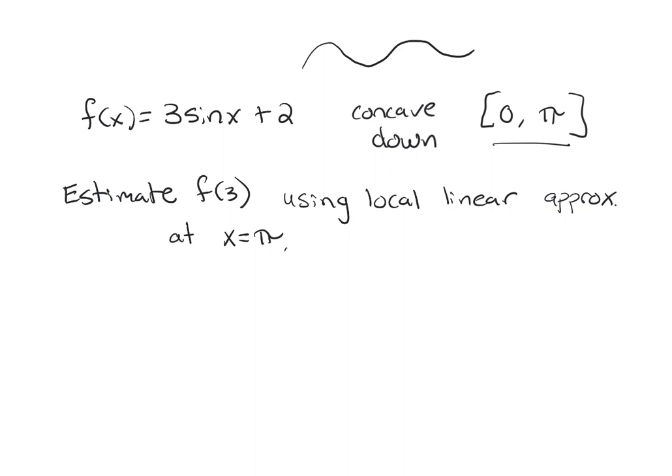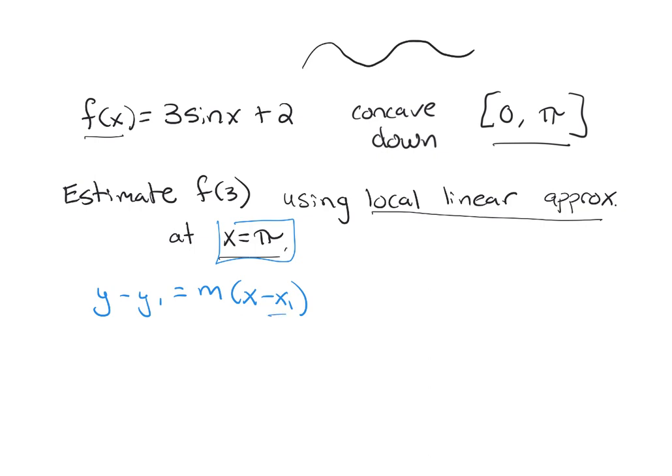Okay, and the instructions, we're going to estimate f of 3 using local linear approximation when x equals pi. So right now, all we have is this x value for our tangent equation. So let's find y by just plugging in pi here. So 3 times sine of pi plus 2. That's 0 plus 2, which is 2.